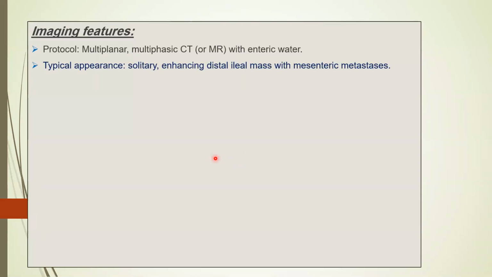The imaging features. The typical imaging appearance is a solitary enhancing distal ileal mass with mesenteric metastasis. The primary tumor sometimes may be more difficult to detect than metastatic foci.